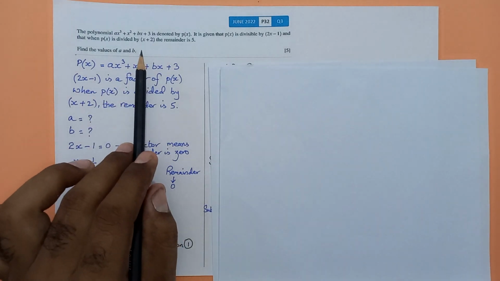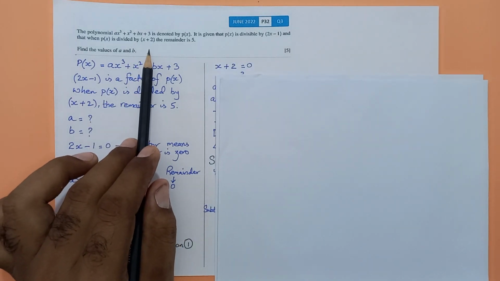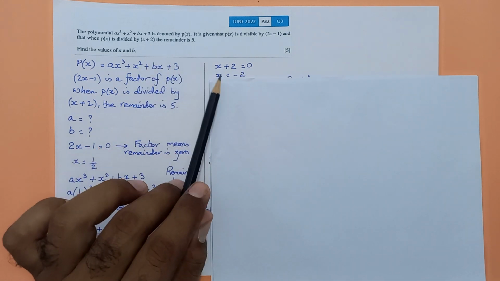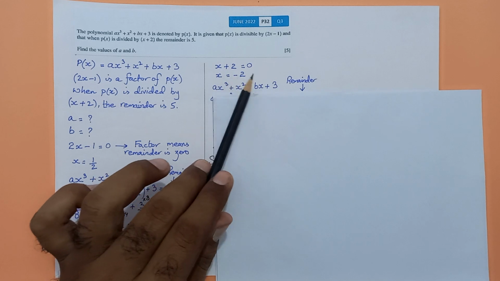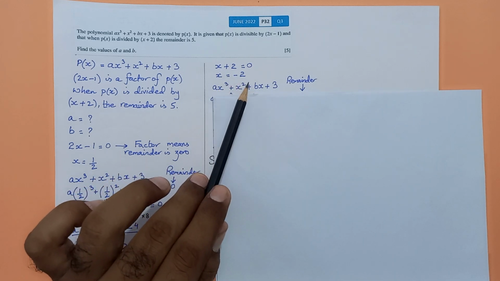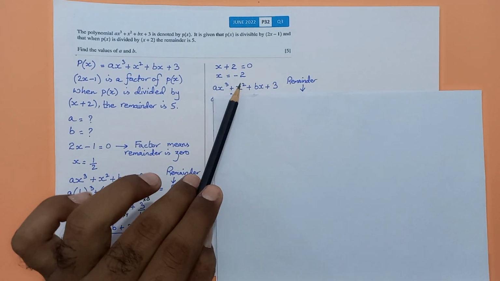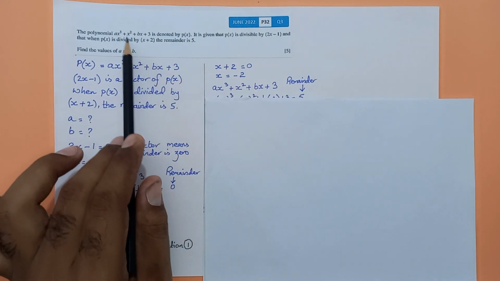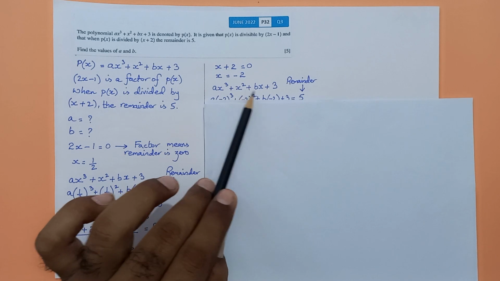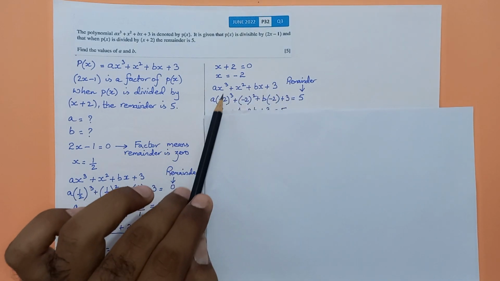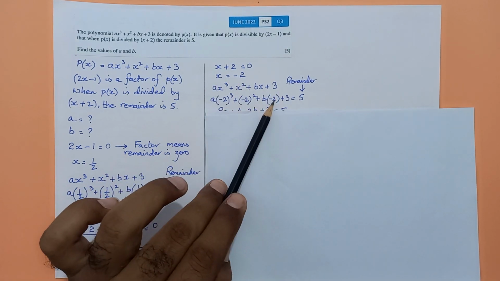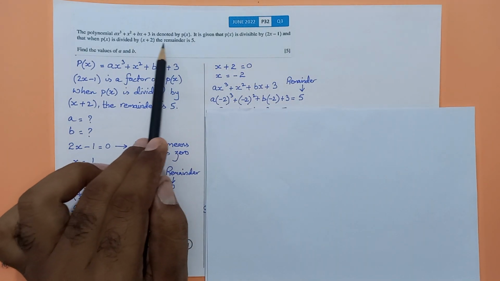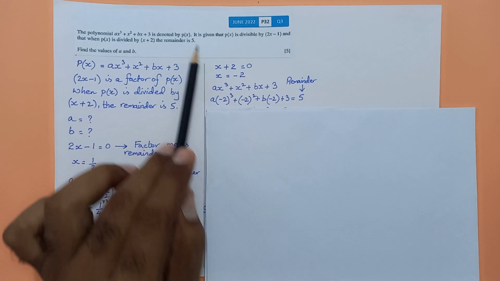Now we have another condition, that when you divide it by x plus 2, the remainder would be 5. So simply use x plus 2 equals 0. From here x equals minus 2, and place the value of x equals minus 2 in the given polynomial p(x), which is ax cube plus x square plus bx plus 3. Make it equal to 5, because the question said that if you divide it by x plus 2, the remainder is 5.